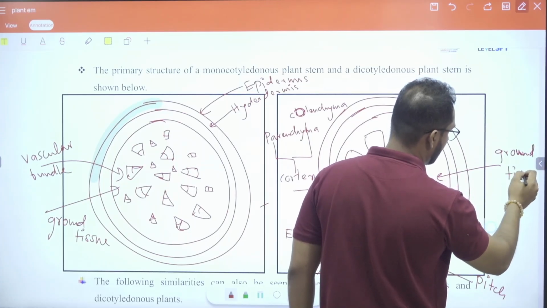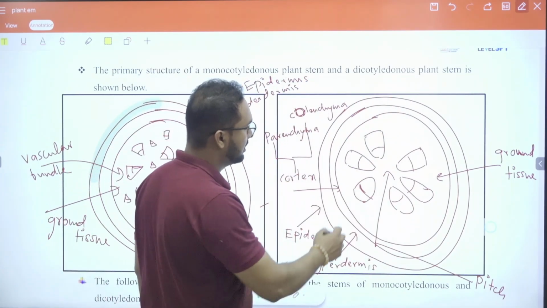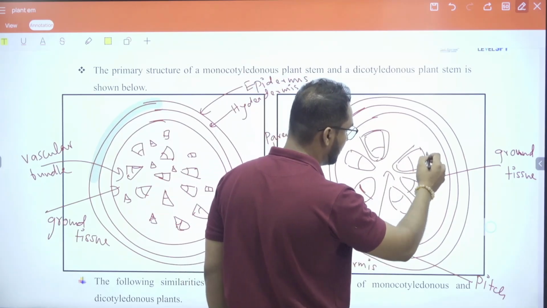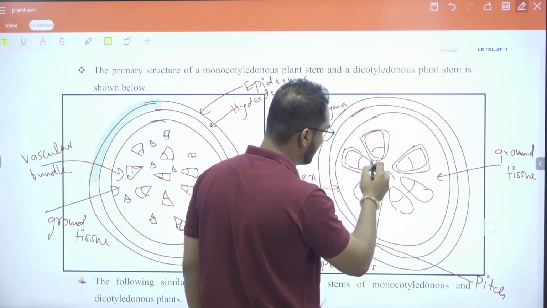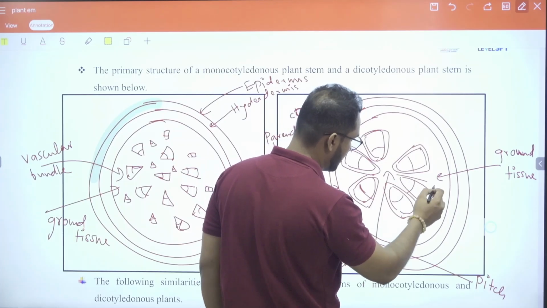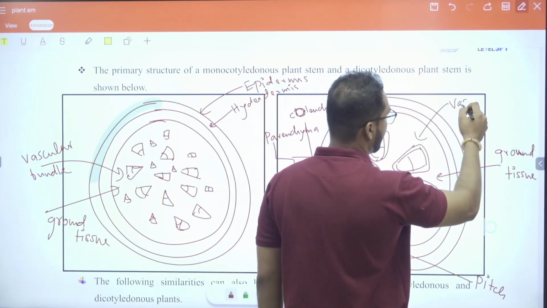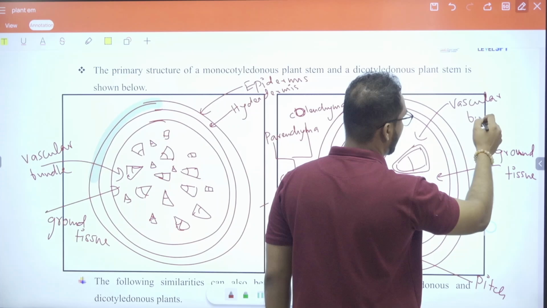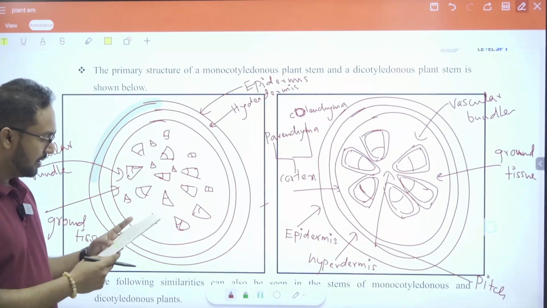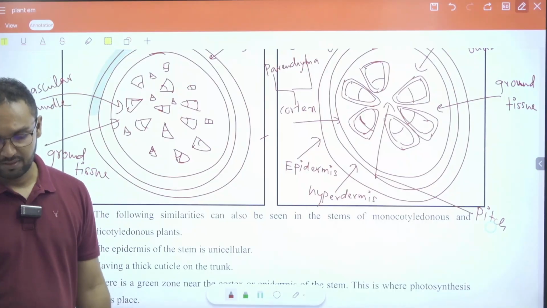The vascular bundle is covered with the bundle sheath, right? So that's a cross section of a monocot and dicot, and this is one of the primary stems, not a secondary growth stem, right?